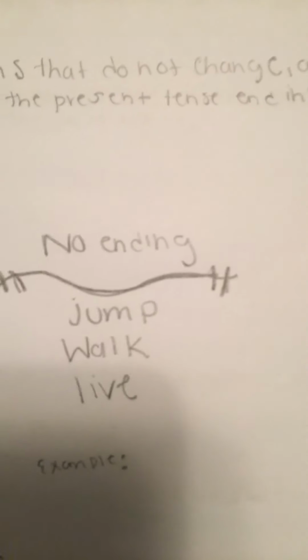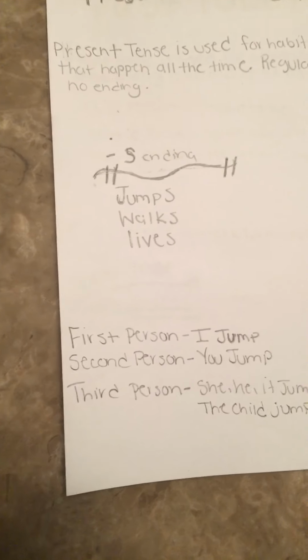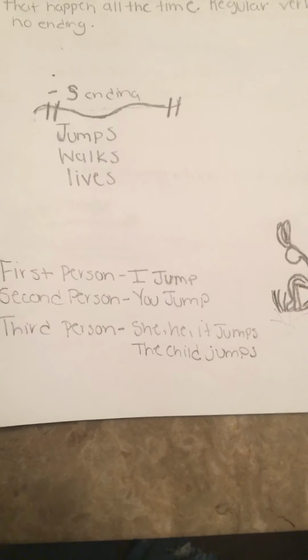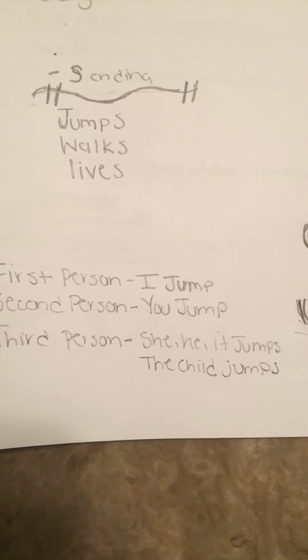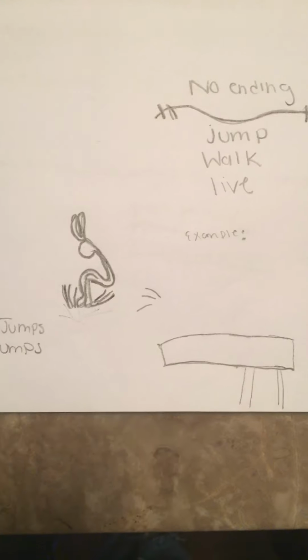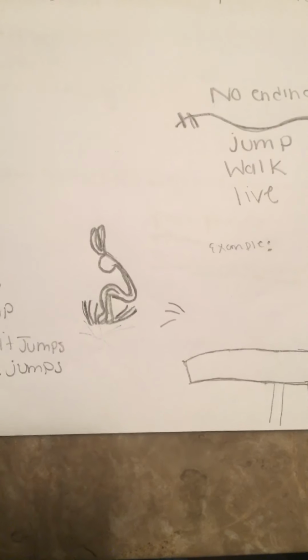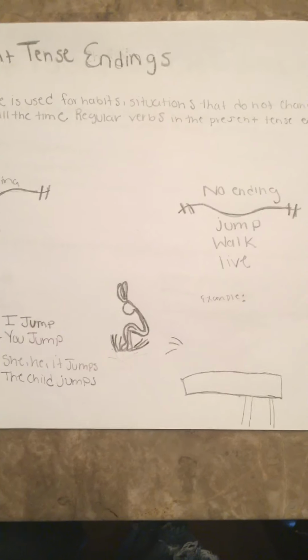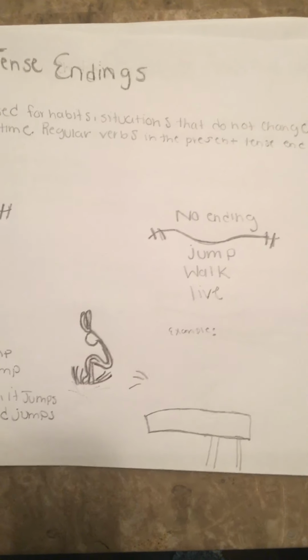And with no ending, it would be just jump, walk, and live. In first person, here is an example: I jump. Second person would be you jump. In third person, you use she, he, it jumps, or the child jumps. And here's a little picture of my stick figure jumping. Since I decided to drop art, that's the best I can do. Don't judge my drawings. Just kidding, guys.